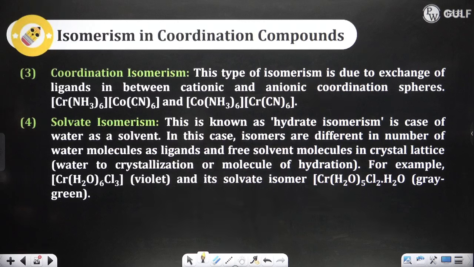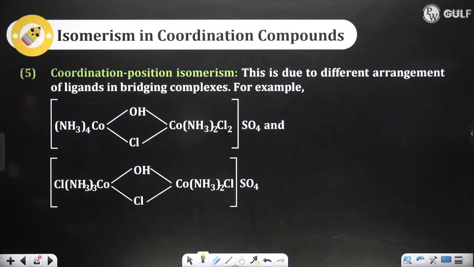In this case, isomers differ in the number of water molecules as ligands and free solvent molecules in the crystal lattice. In the crystal lattice, they interact better. However, when you let go of the solvent molecules, it will again get back to its normal structure. This is known as hydrate isomerism or solvate isomerism.